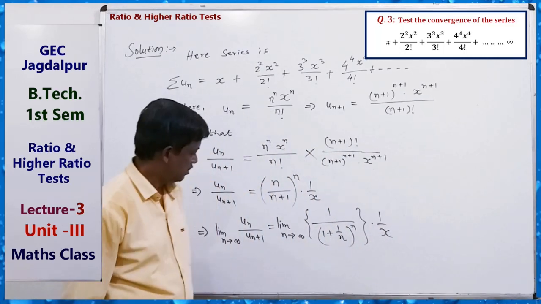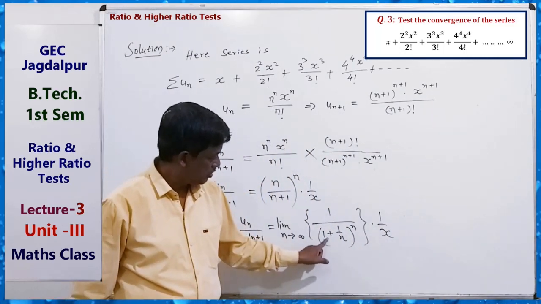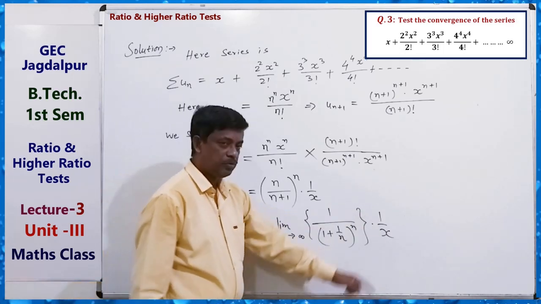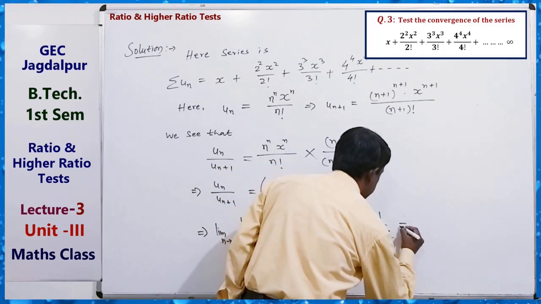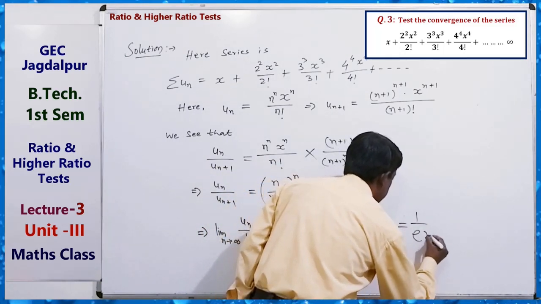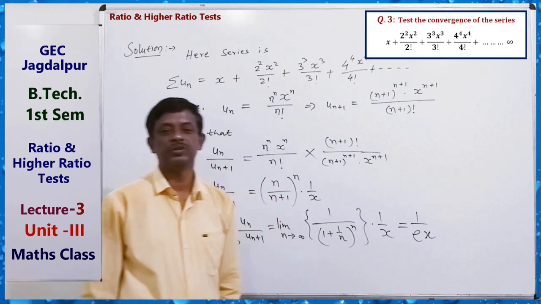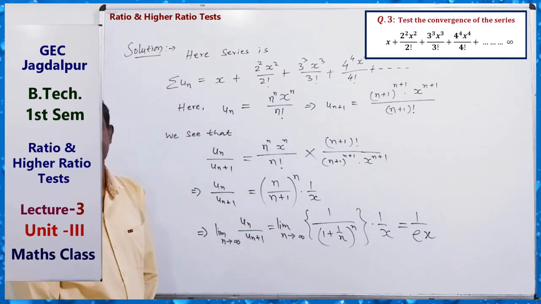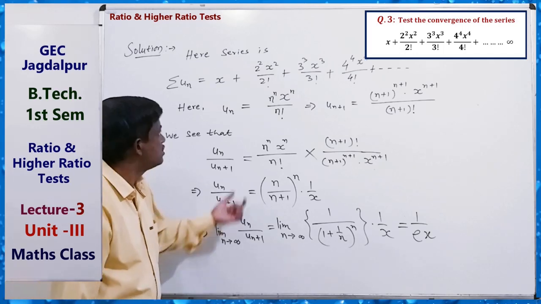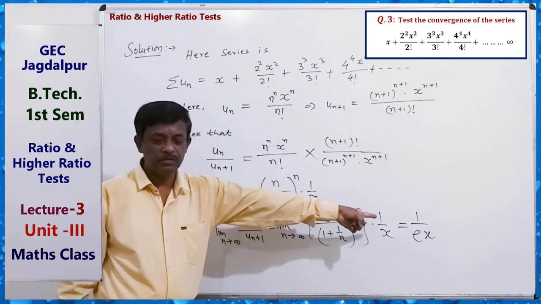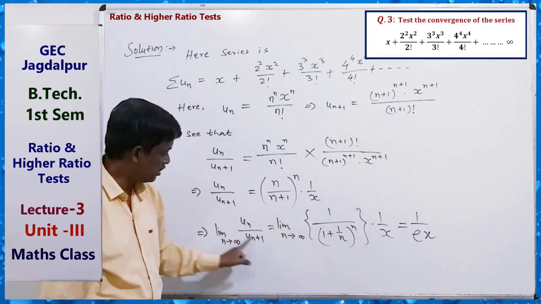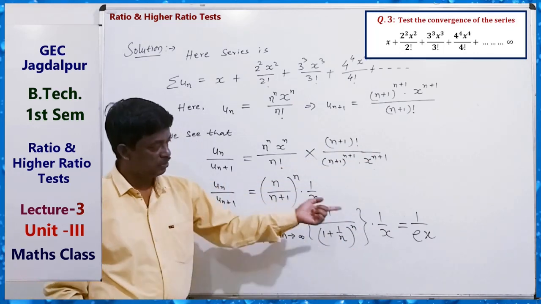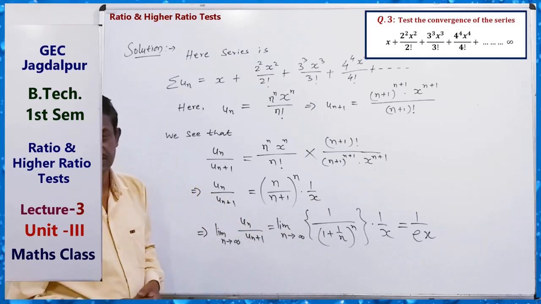And we know that limit as n tends to infinity of 1 plus 1 by n power n is e. So the limit is 1 upon ex. Now by the ratio test, the series will be convergent if the limit is greater than 1, divergent if less than 1, and the test fails if equal to 1.